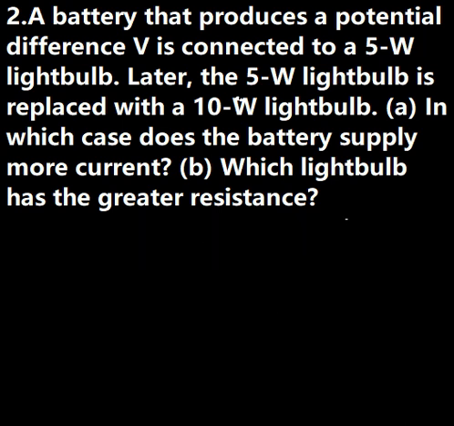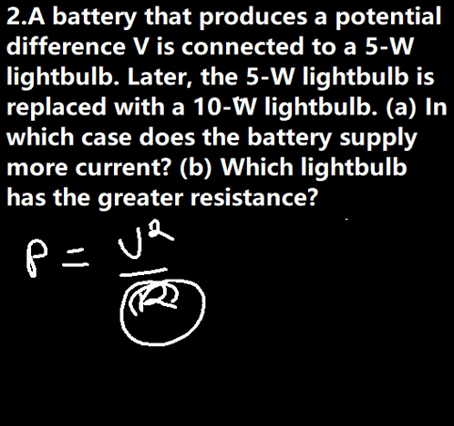That's the principle behind it. So which light bulb has the greater resistance? You have to understand that the power is given as V squared over R. So if the resistance increases, it means the power will be reduced. If the resistance decreases, it means the power will be increased.